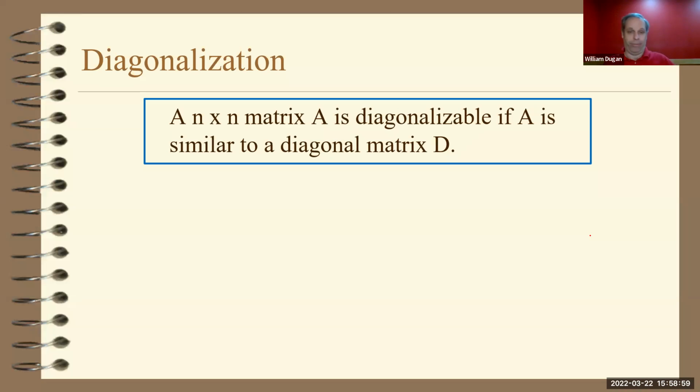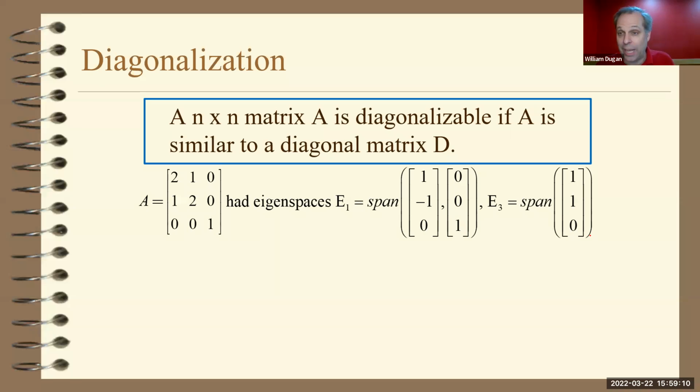So diagonalization. A matrix that's n by n is called diagonalizable if it's similar to a diagonal matrix D. Now, you need at least an example. So the matrix A here had these eigenspaces, one for the eigenvalue of 1 and one for the eigenvalue of 3.